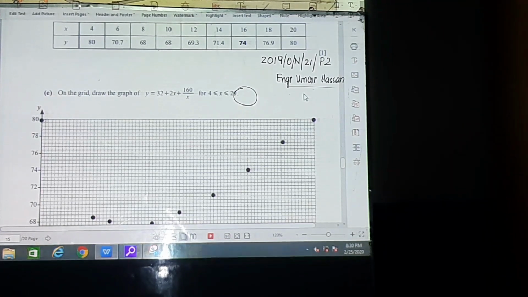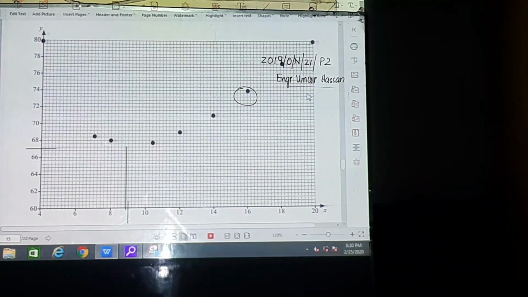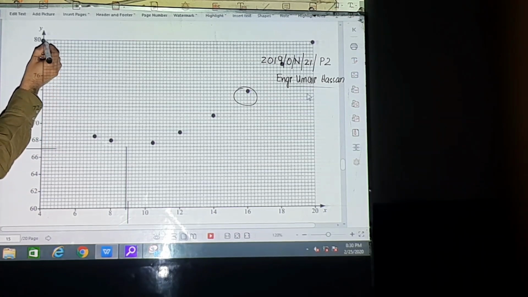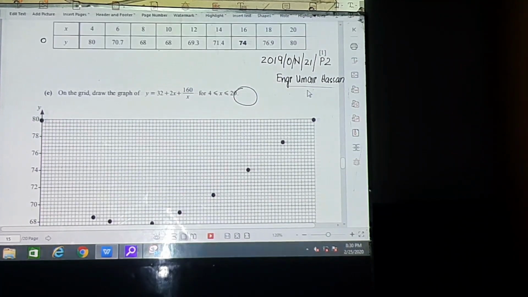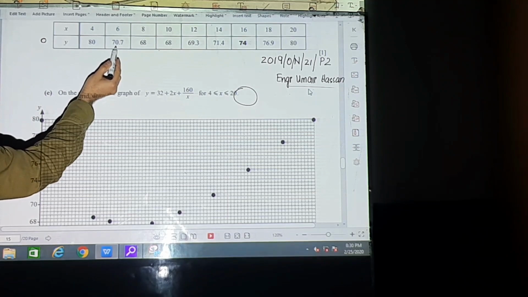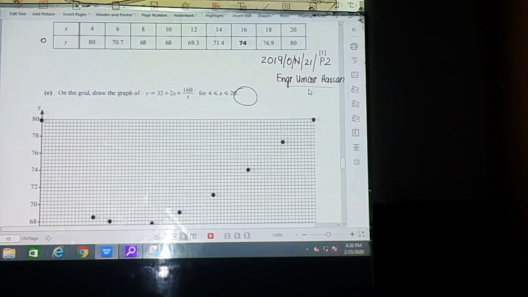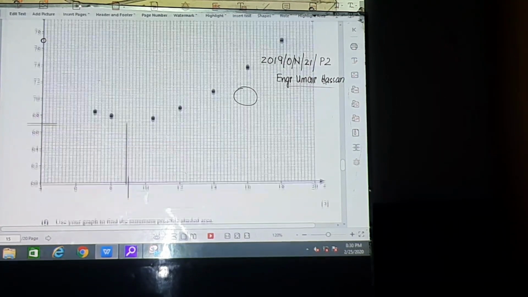If you look at this graph, when x is 4, y is 80. This is our first point. Now from the table, the second value of x is 6. When x is 6, y is 70.7.